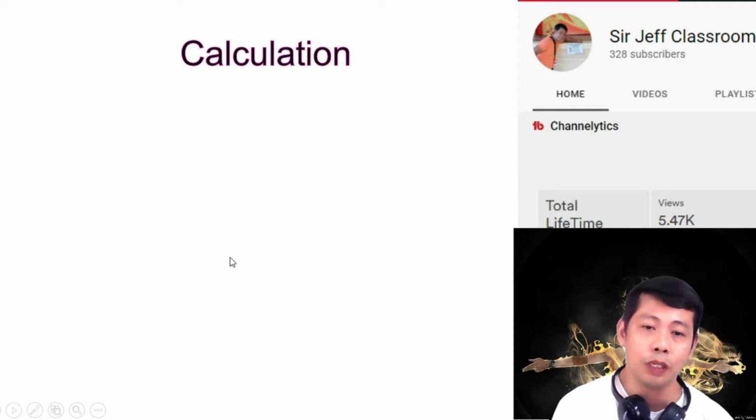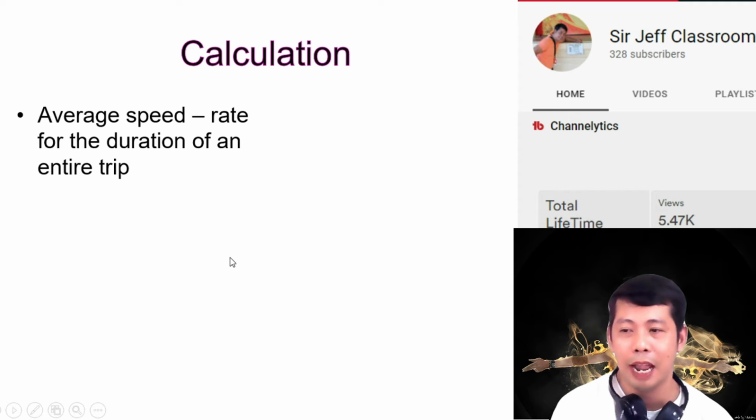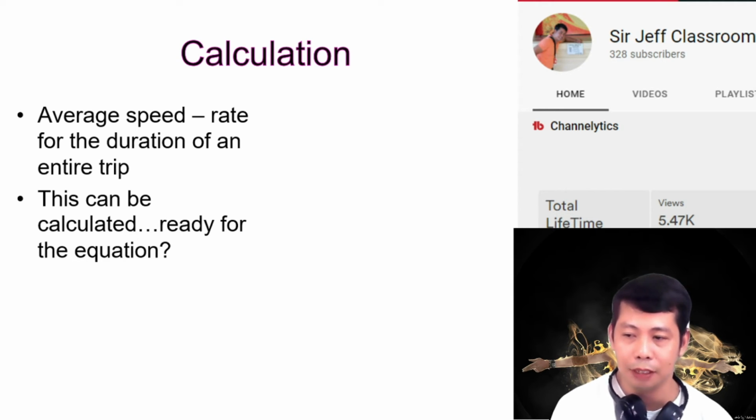So now, let's go on with the calculation. Average speed is the rate for the duration of the entire trip. This can be calculated, so let's get ready for the equation. The formula for speed is equal to distance over time. Average speed.